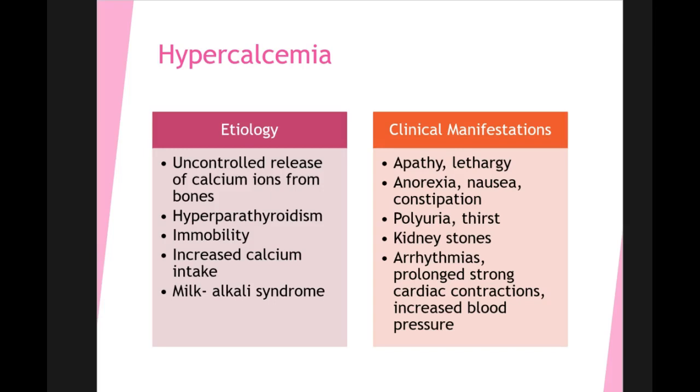If the hypercalcemia is severe, then blood levels can drop, and then renal function decreases, and there's an accumulation of nitrogenous waste in the blood, which can ultimately lead to cardiac arrest. Arrhythmias can also occur, and this is because the cardiac contractions increase in strength.